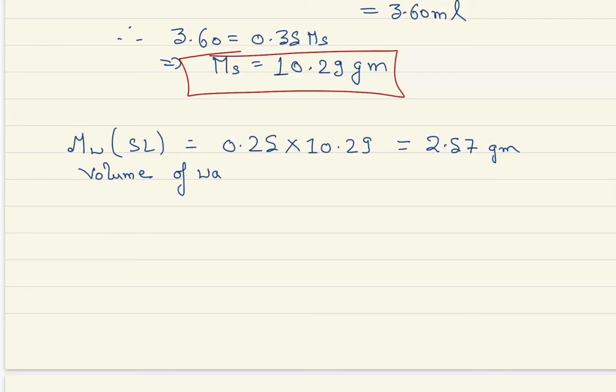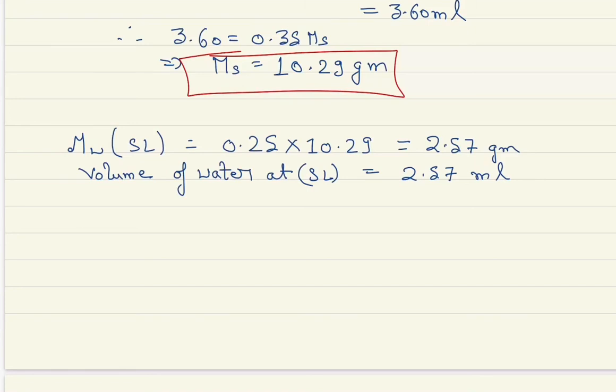Okay, so can you tell me now the volume of water? When we know the mass of water at shrinkage limit, then what will be the volume of water at shrinkage limit? It will be equal to 2.57 ml as rho w is equal to 1. Okay, so we know now that volume of water at shrinkage limit is 2.57 ml.